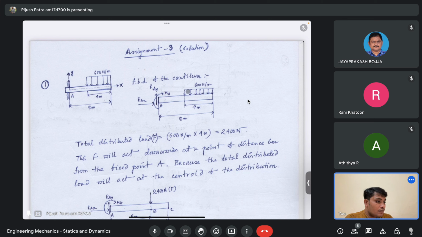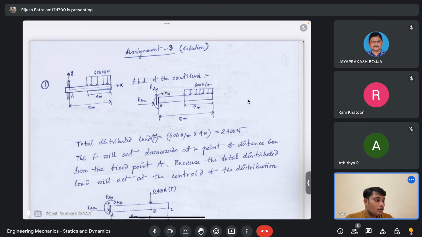And this uniformly distributed load will act at the centroid of this 4 meter length. So what is the centroid of this 4 meter length? It is 2 meter from the end of the beam. Am I right? That is where the centroid of that portion over which the uniformly distributed load is acting.